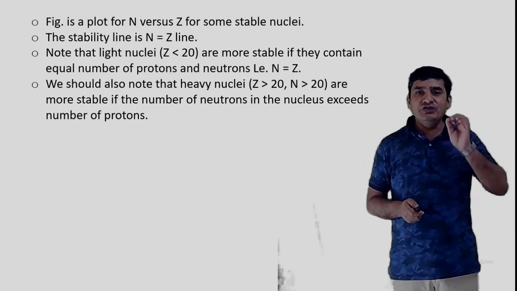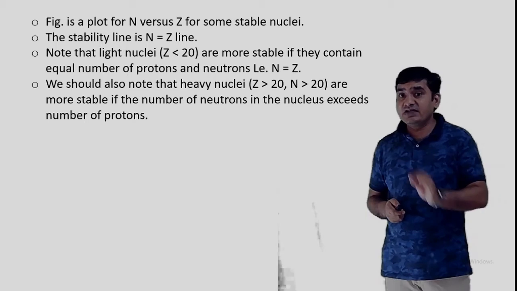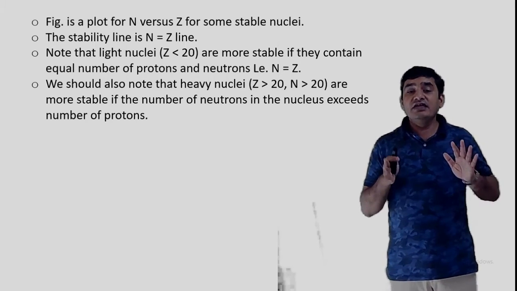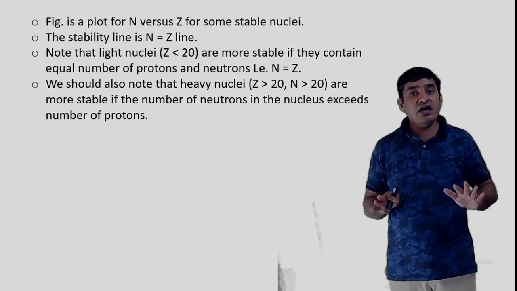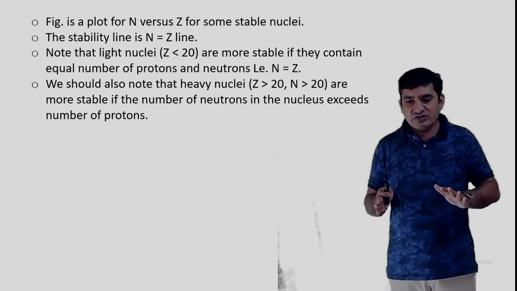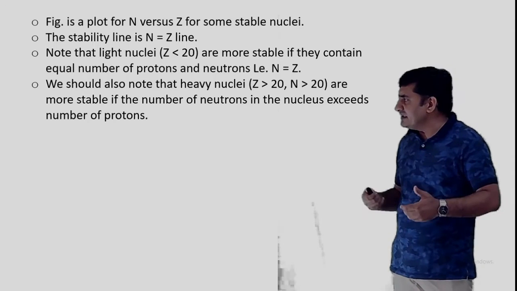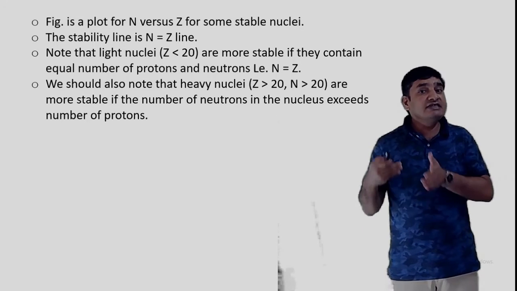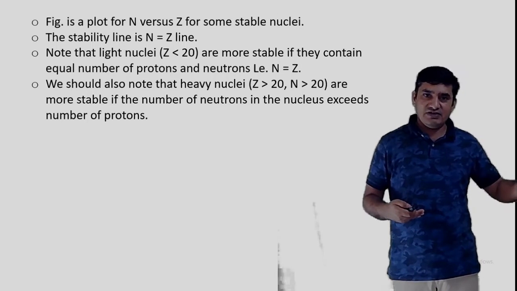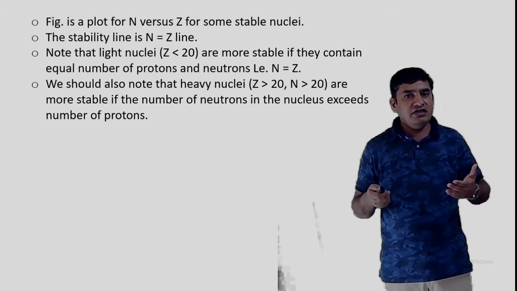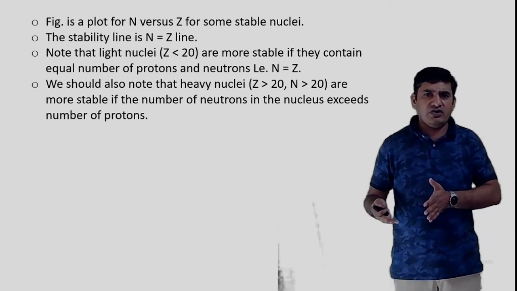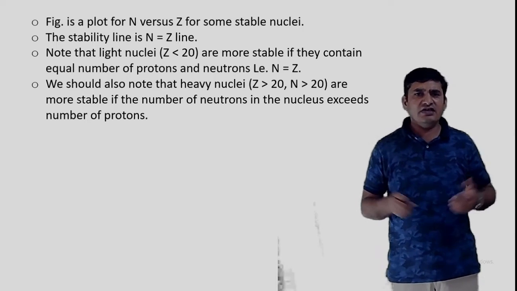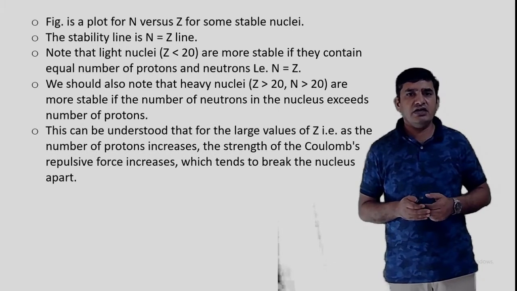If the number of neutrons is greater than the number of protons, then the nuclei are more stable, because when the number of protons is less, the Coulomb repulsive force is less than the nuclear force. Therefore, if the neutrons in a nucleus exceed the number of protons, it has stable nuclei.